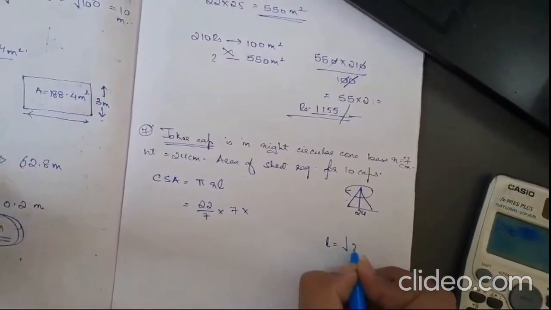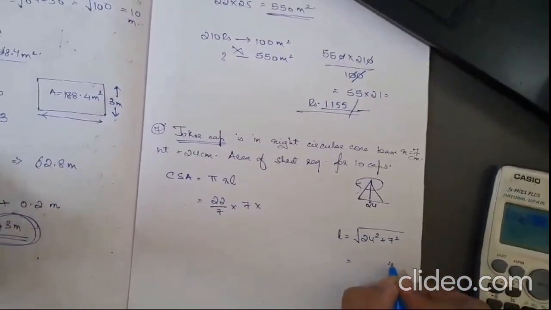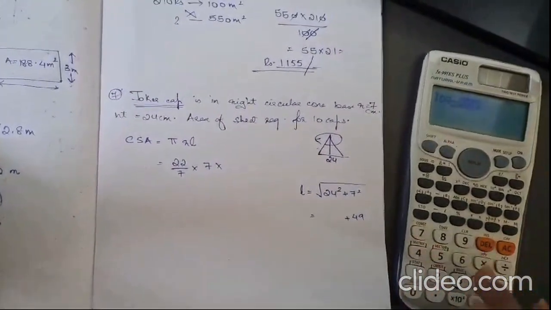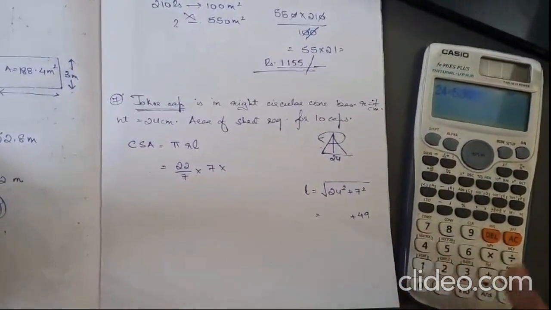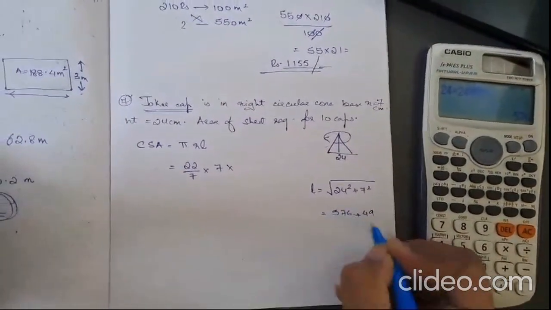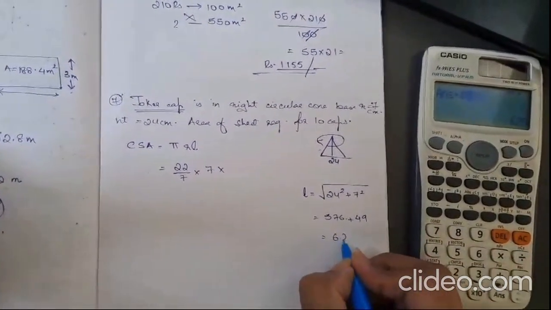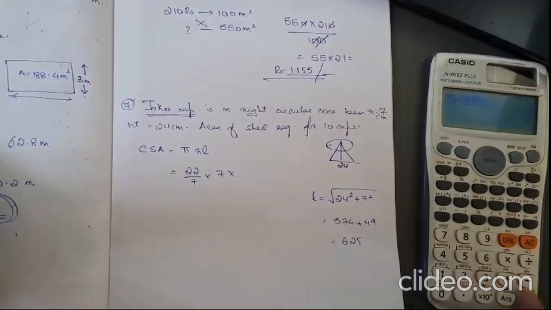L is equal to root of 24 square plus 7 square. That goes as 49 plus 24 square. 24 times 24 would be 576. Cool. So 576 plus 49 is 625, and the root of 625 is 25, I guess. 25 times 25 is 625.